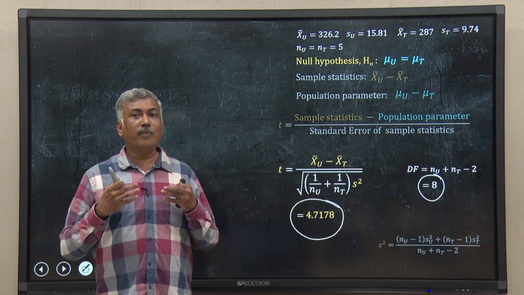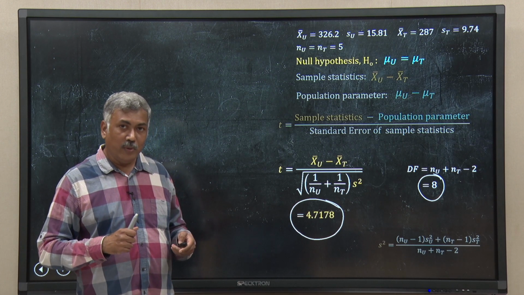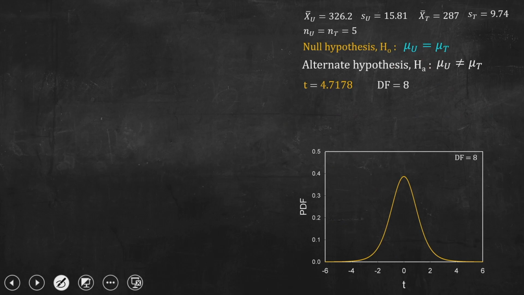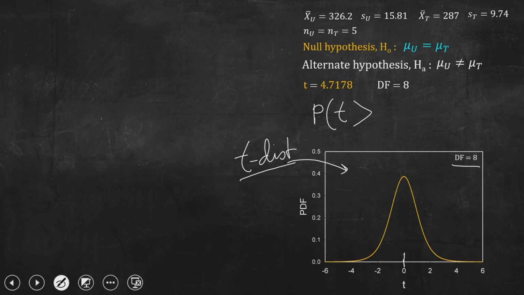Now, I have to calculate the probability, right. So, we have to go back to the question. This is the t distribution. I have just drawn it for explanation. This is a t distribution for degree of freedom 8, centered around 0, symmetric on both sides. Now, I have to calculate the probability that a value of t, using the definition of t that we have seen in the last few slides, will be greater than or equal to 4.718.